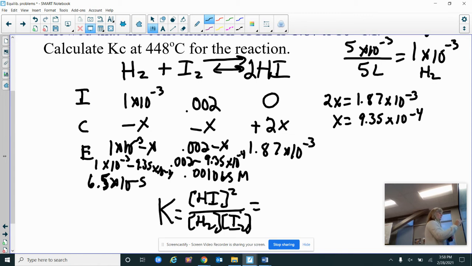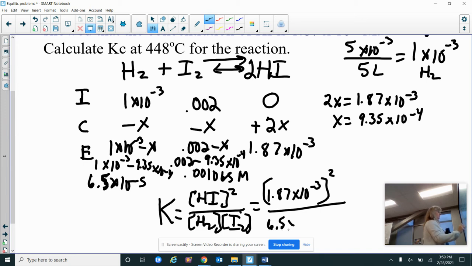So plugging those in, it is 1.87 times 10 to the minus third squared over 6.5 times 10 to the minus fifth times 0.001065.